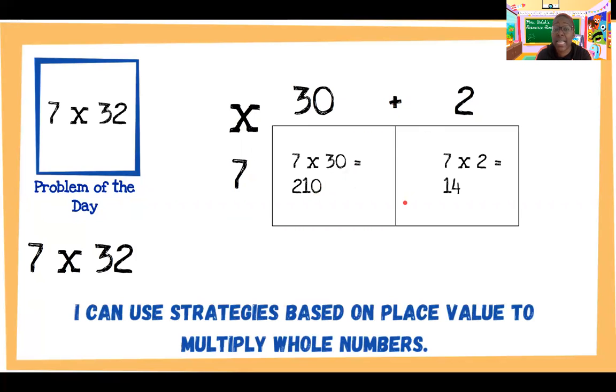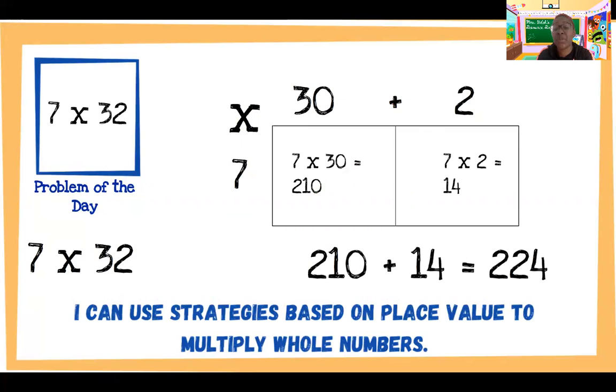What is 210 plus 14? Did you say 224? If you did, you're absolutely correct. So because 210 plus 14 is 224, that tells us that 7 times 32 is also 224. Great job, senior scholars.